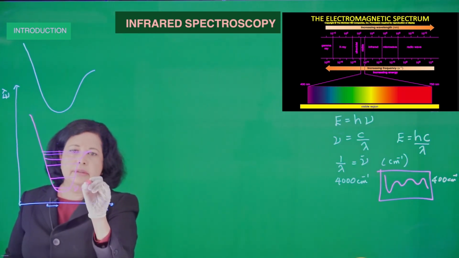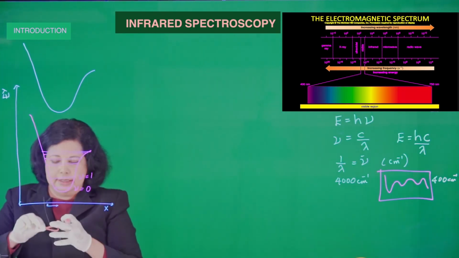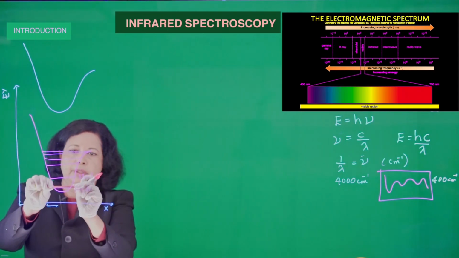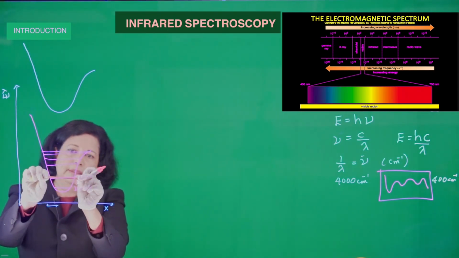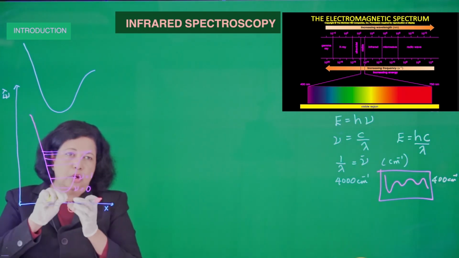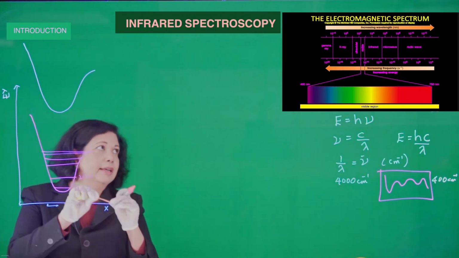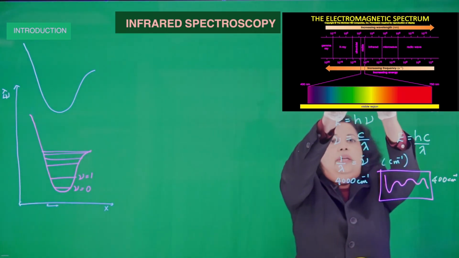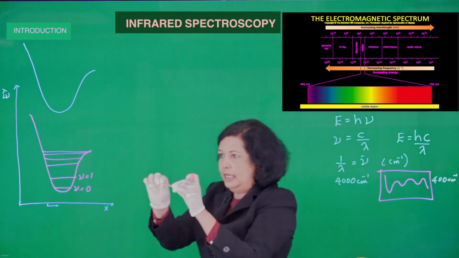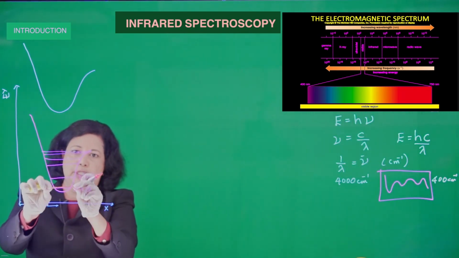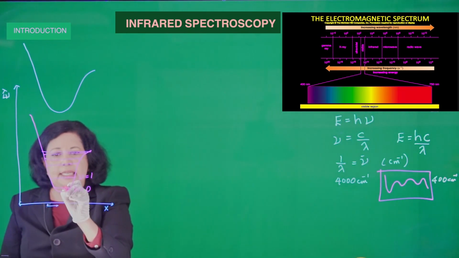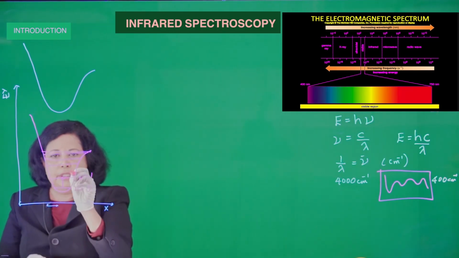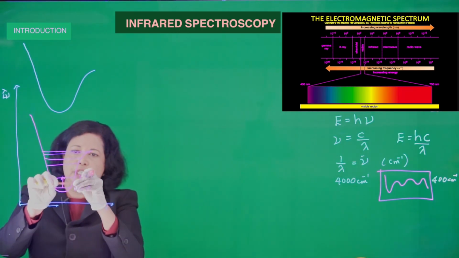This is 0, this is 1. When you stretch, you will see that the energy is getting absorbed by this bond. And that's what the infrared machine shows, that it's absorbing the energy in this region. So basically, you're going from this energy level to this energy level when you're stretching that bond.